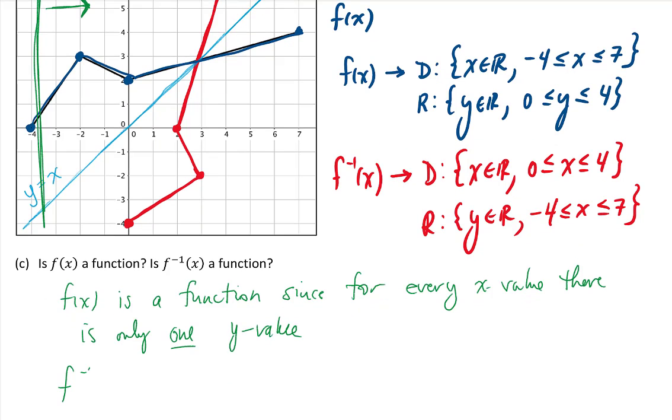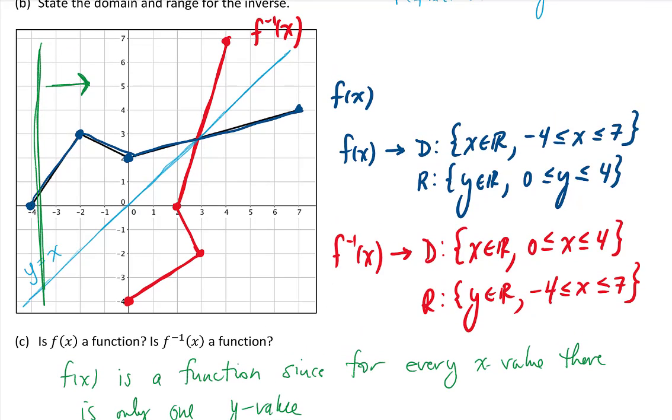Now let's look at the inverse. Hopefully you see the inverse at a particular spot here. So starting, let's say, here. Notice if I draw a vertical line here, that hits the inverse at 3 points. 1, 2, 3. So for that x value, there are 3 outputs, which means this is not a function. And you can see at some locations there's 1, some 2, and some 3. If I drew a vertical line here, there are 2 points where it intersects.